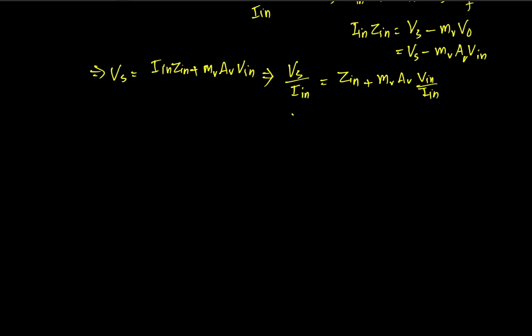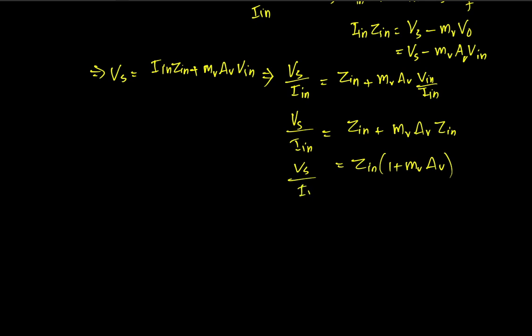So Vs by Iin is equal to Zin plus Mv Av into Zin, or it is equal to Zin into 1 plus Mv into Av, where the left side is Vs by Iin.